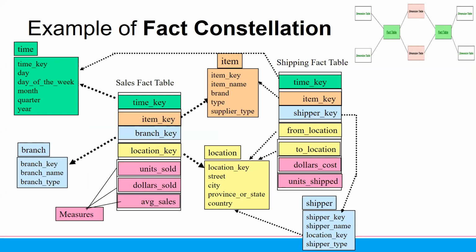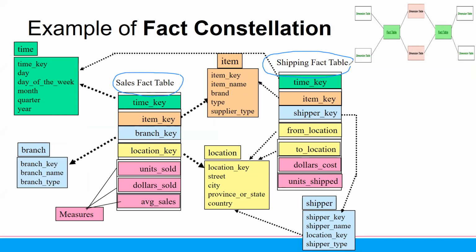The fact constellation means you have several facts, more than one fact. The first is the sales fact table, and the other kind of fact table is shipping. After you have the sales, of course, you want to know whether the product or the item has been delivered.